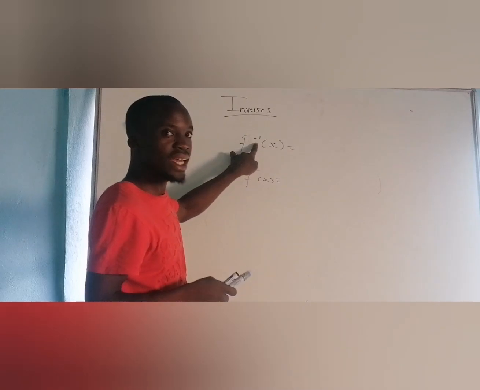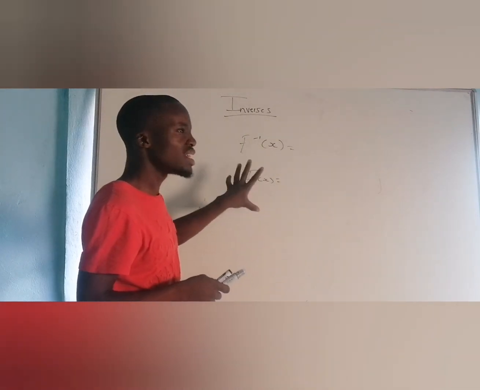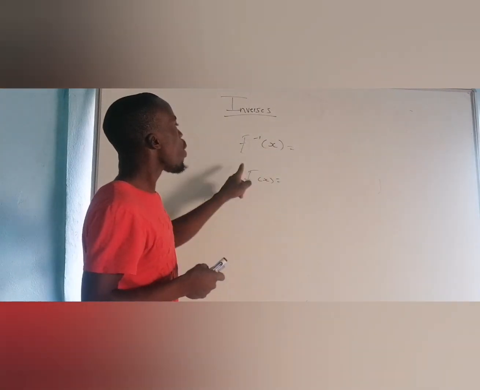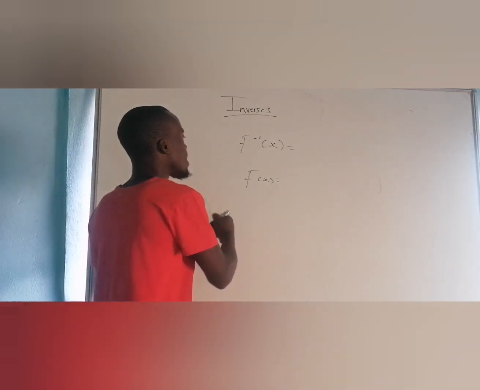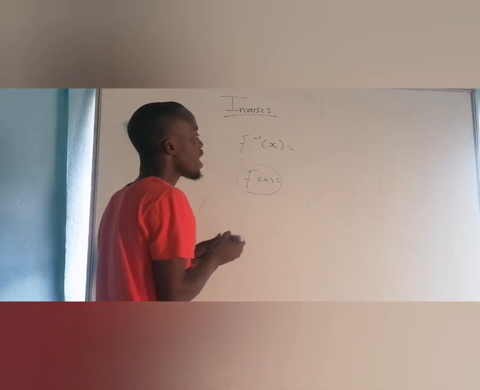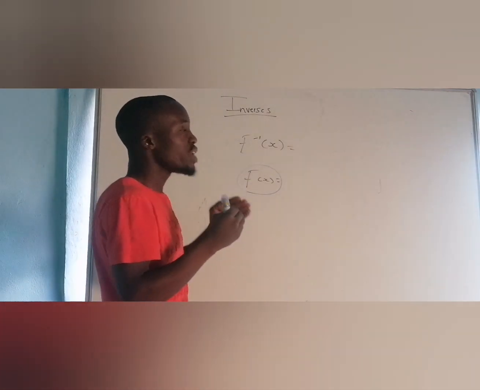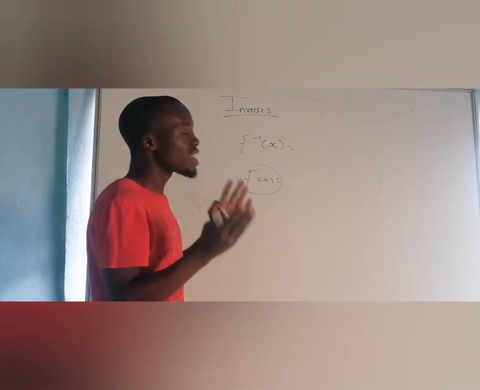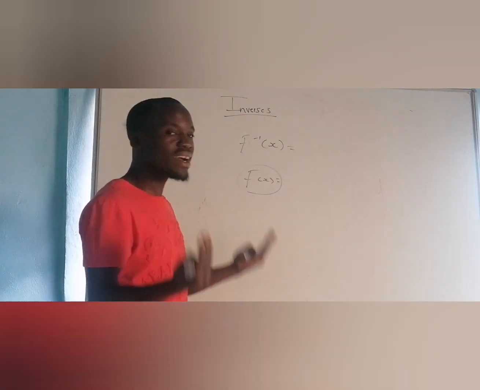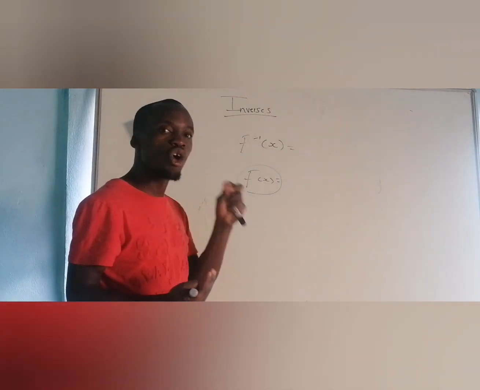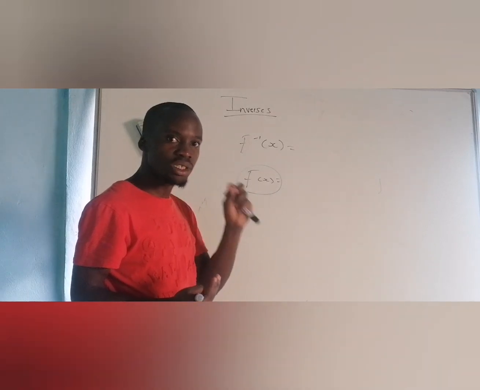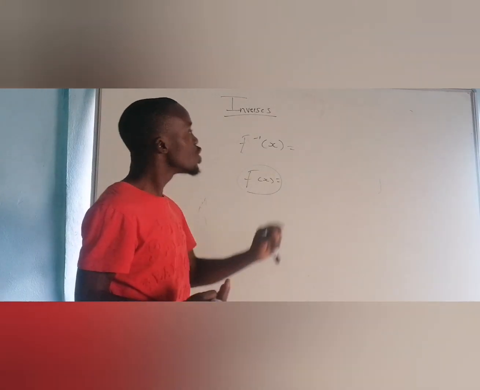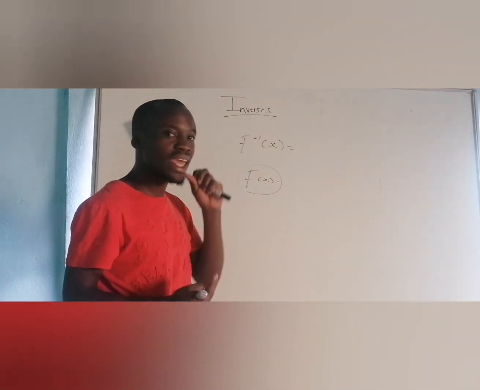But this one here is different to this one, though there's a similarity. Now, this is the original graph. Since I just said earlier that to write an inverse of whatever, either a point or a graph, you must have the original point or the original graph, out of which you will have something known as an inverse.